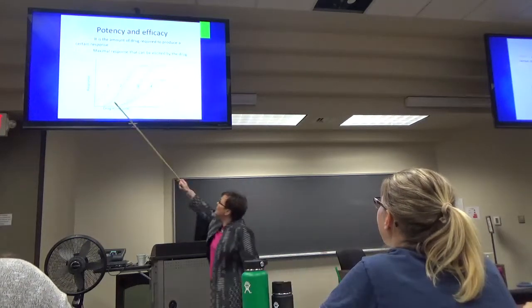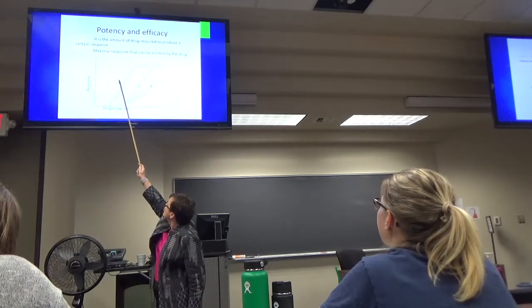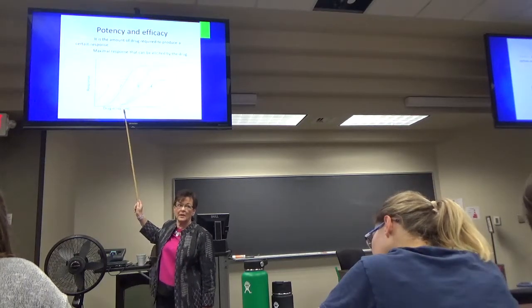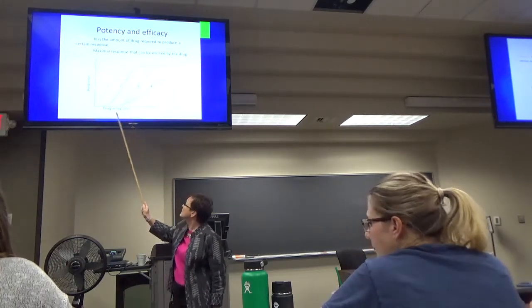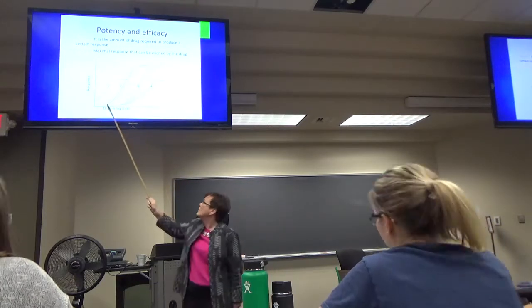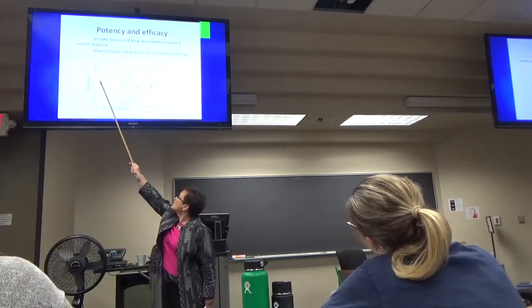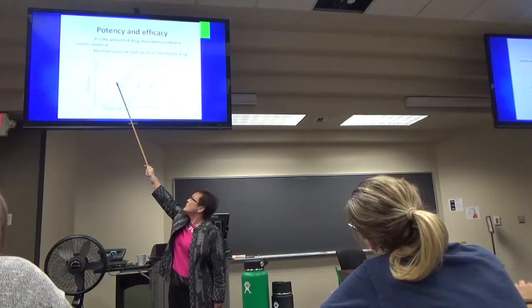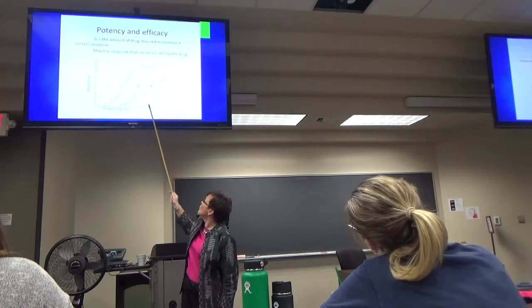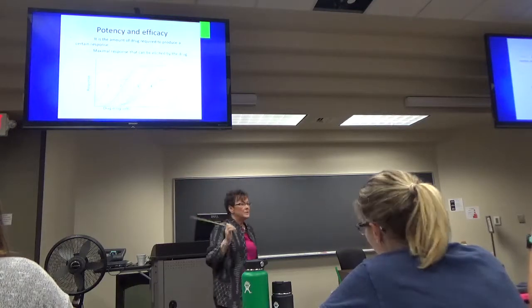If you look at where one is here, you've got response on this side, you've got the log of the drug concentration down here. So as you go forward, the drug concentration gets higher. So at this level, for this response, one hits it first. Takes a little bit more of 2 to get there, more of 3, more of 4 if you keep coming down, right? Okay, so 1 is the most potent.